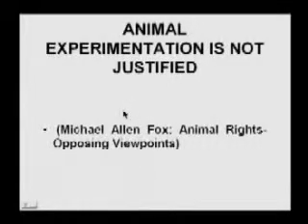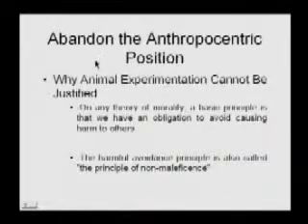So from these series of statements, then, we can proceed to discussion on animal experimentation, whether or not it is justified. So Michael Allen Fox, from the same source, is presenting the case for arguing that animal experimentation is not justified.